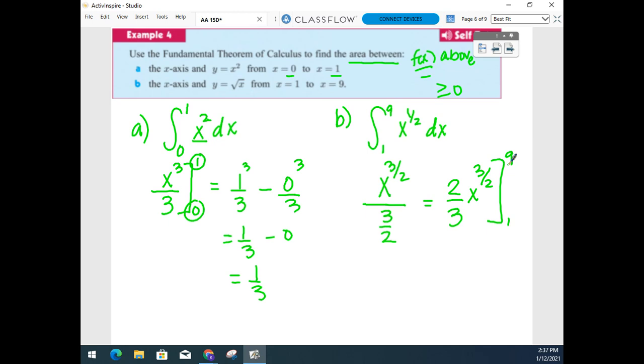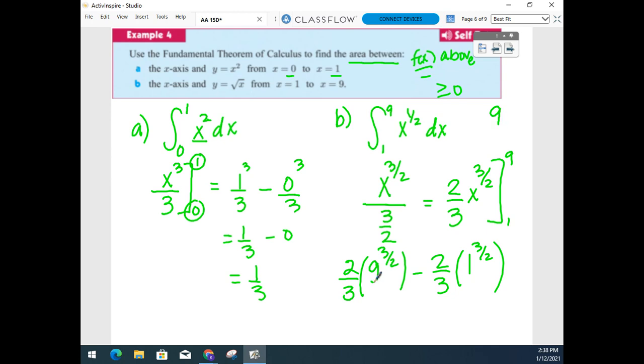So when we plug 9 in, 2/3 times 9 to the 3/2 minus 2/3 times 1 to the 3/2. Remember, what is 9 to the 3/2? I'm going to write this up here.